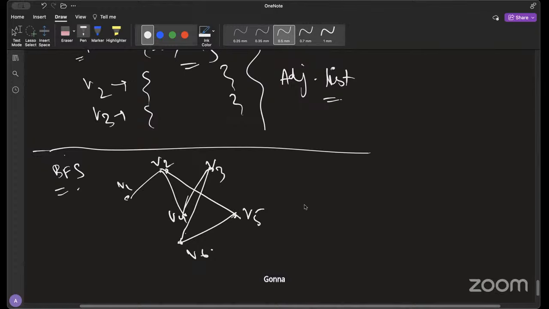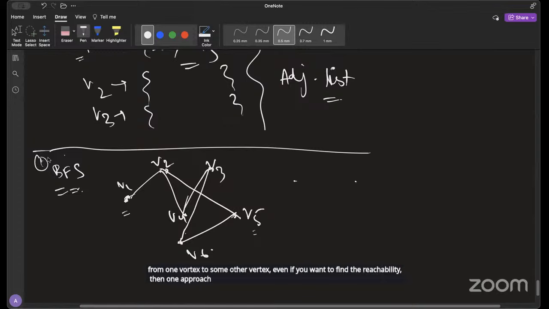In a BFS tree, BFS is basically to find out the reachability from one vertex to some other vertex. So let's just say you want to find the reachability of V5 from V1, or from one vertex to some other vertex. If you want to find the reachability, then one approach to it is BFS.